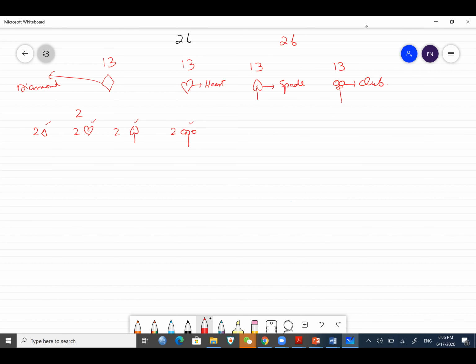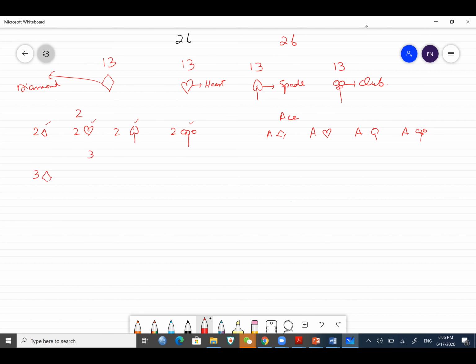Is it ace? Yeah, that is ace. Oh, okay. We have A of diamond, A of heart, A of club, and A of spade. Similarly, we have number 3 with all these 4 categories.